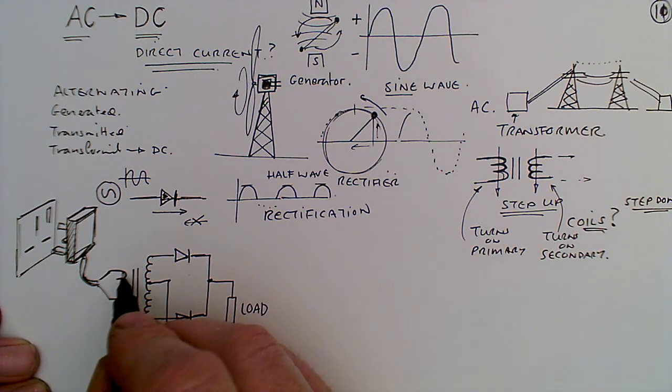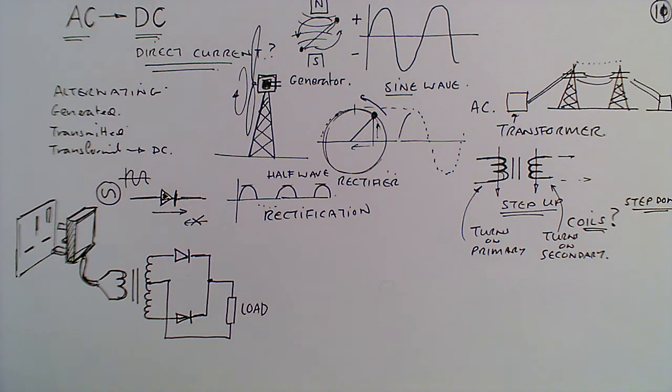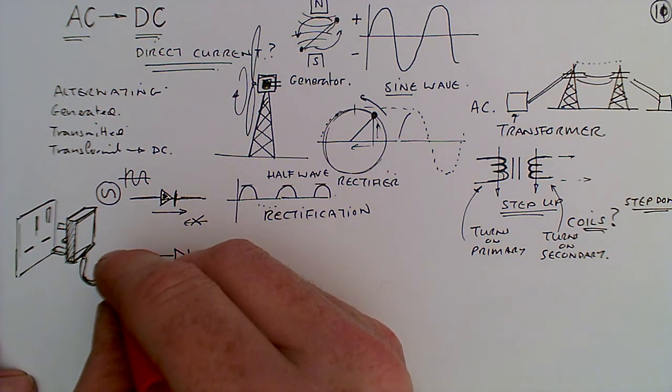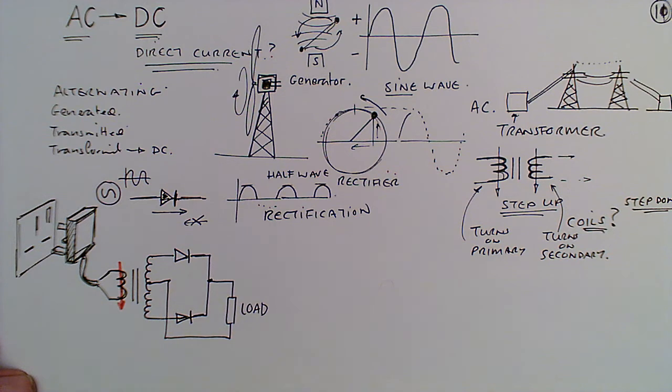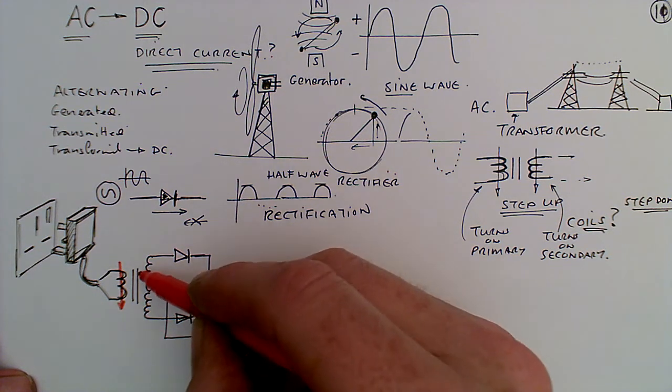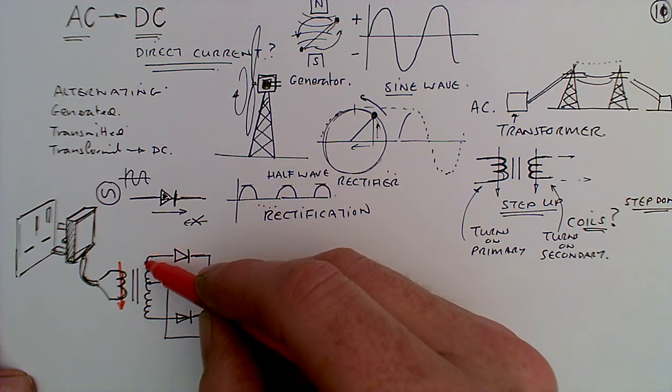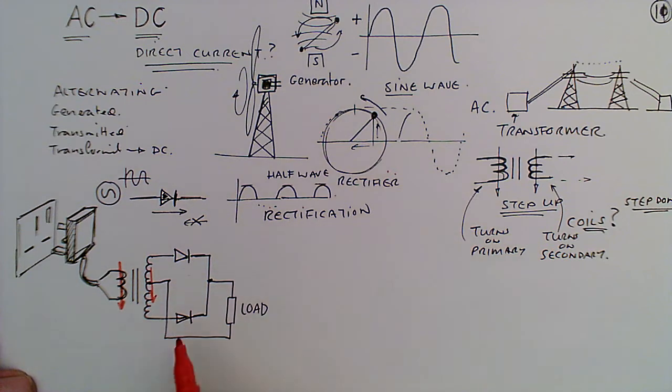Okay, so now what's happening is, if you imagine the currents coming in, I'll do this in two different colours. I'll start off with, let's say we're going that way. Then the induced current would be in that direction.